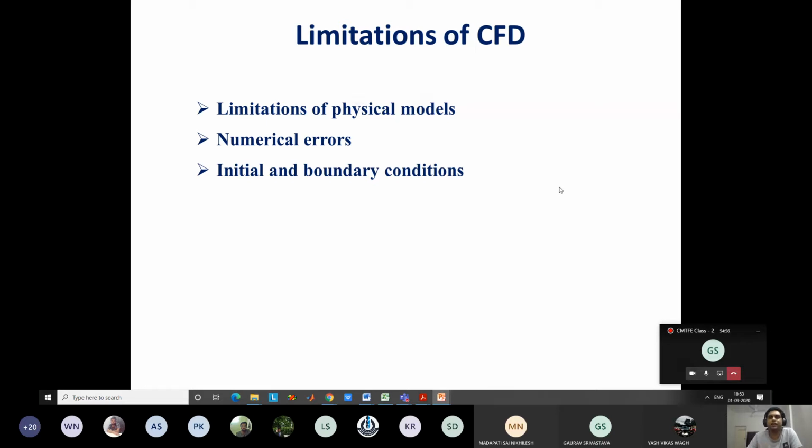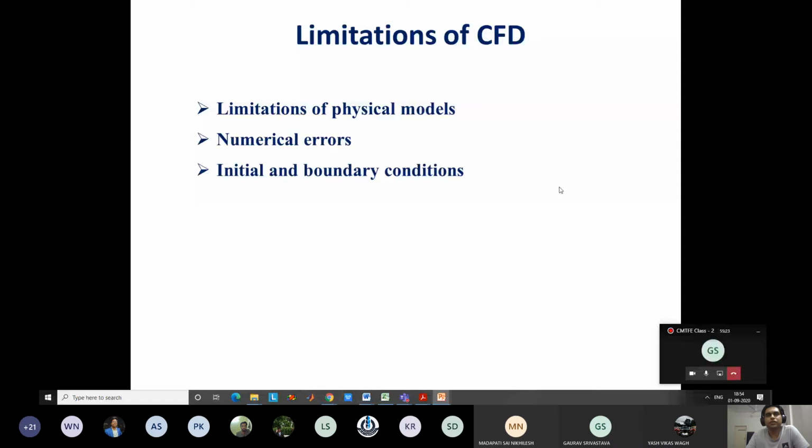I have seen hundreds of projects in many colleges in India and abroad where people are solving some CFD problem and showing some junk results. You should not do this. You have to understand that there are limitations, and because of these limitations, maybe this problem is not possible to solve at all with the assumptions that I have taken. It's not that if I just keep on trying randomly, I will get correct results. Maybe the limitation is too much for that problem.